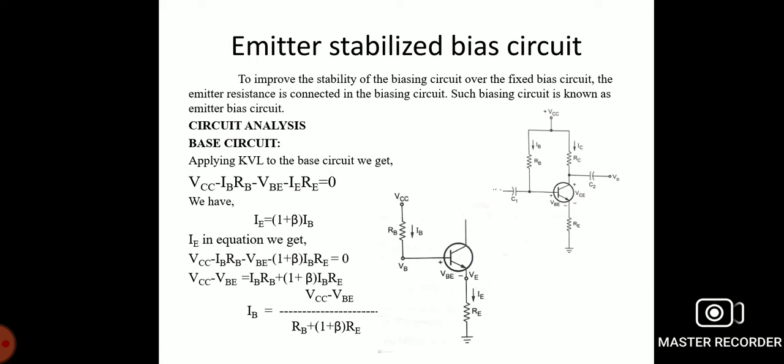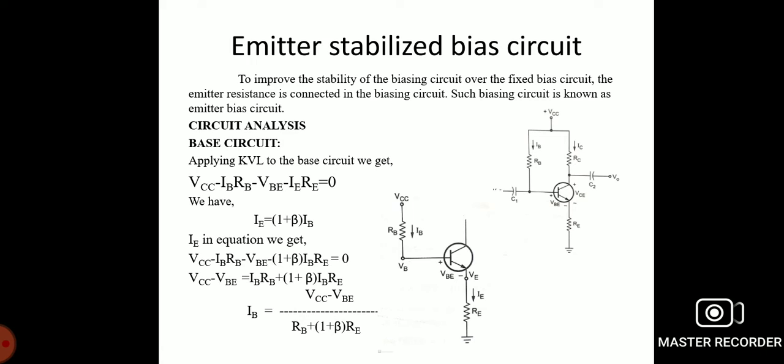In this equation we consolidate the base current. What is the base current? IB is equal to VCC minus VBE divided by RB plus 1 plus beta into RE.